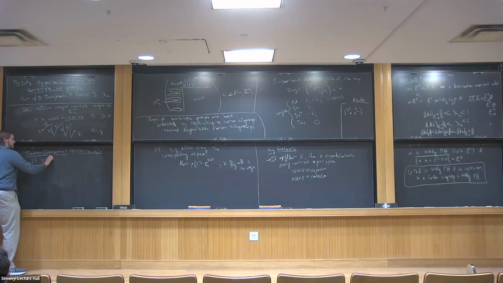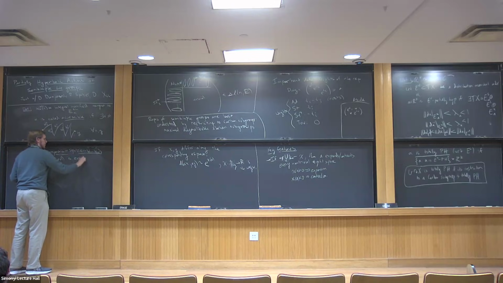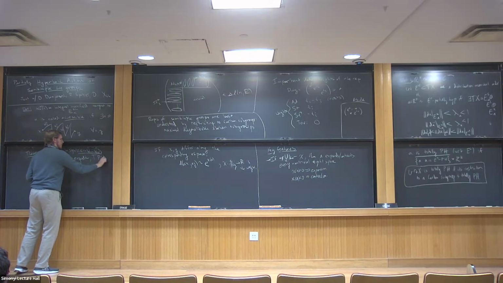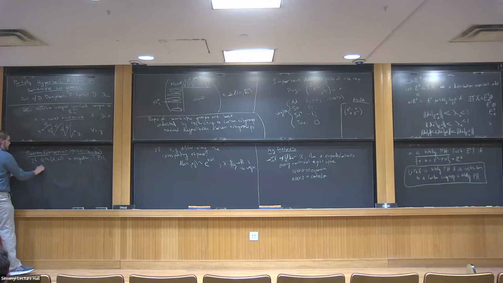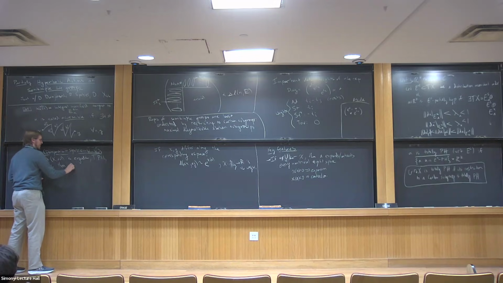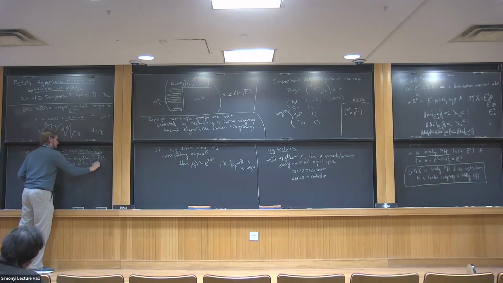So if I have a volume preserving action on a smooth manifold, it's ergodic, totally partially hyperbolic, and accessible, then up to finite cover. So I may need to pass to a finite cover of X.